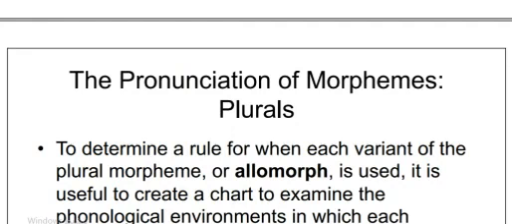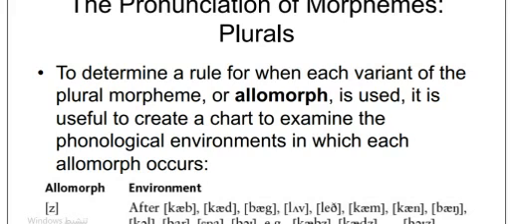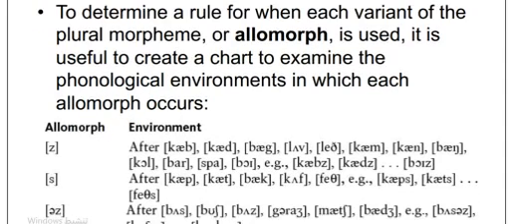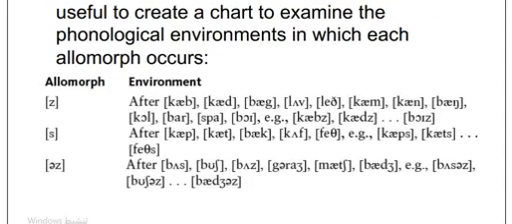To continue, how do we determine a rule for it? For the plural morpheme or allomorph, it is useful to create a chart. Look at this chart, which has many words to describe it. Here they mention it as allomorph: after the last morpheme, how we change the pronunciation and how we give the phonology, or sound pattern.